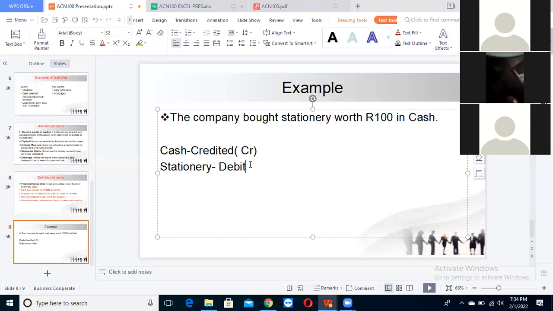The receiver. And in short form, when we want to write debit, it's a symbol, it's a capital letter D and a small letter r. So that's a debit, that is a credit. So in as far as the accounting equation, these are all the things that you need to know.